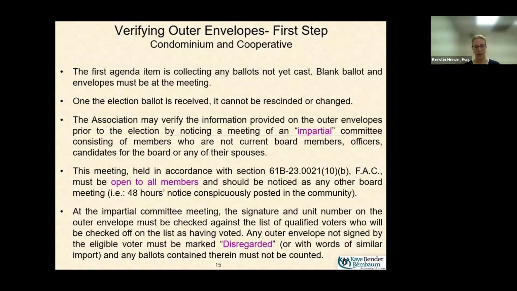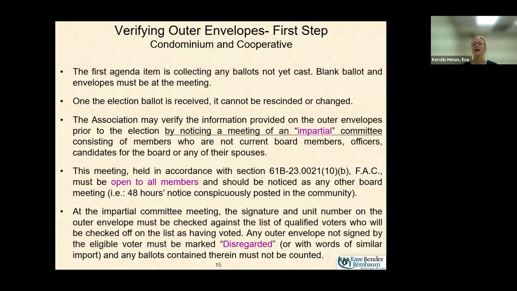So you'll look at an outer envelope, you'll see Johnny Smith's signature for unit 100. You'll look at your roster, confirm that Johnny Smith is the record owner, or if there are multiple owners and your documents require a voting certificate, confirm that Johnny Smith is the voting member of that unit. And if so, then you check Johnny Smith off and his ballot is good to go.